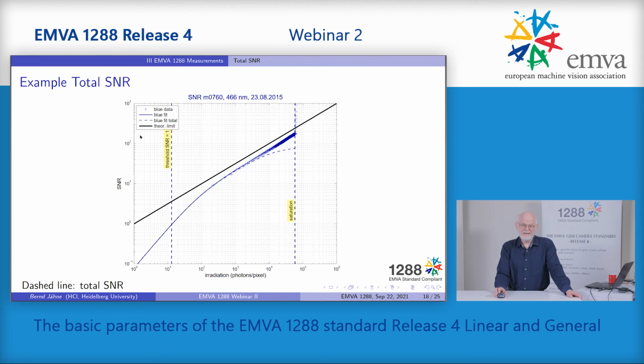Remember, this is a double logarithmic plot, so this is at least a factor of 2, a little bit more than a factor of 2 lower total SNR. That means that the non-uniformities are a little bit larger here than the temporal noise effect. So you can immediately get a feeling in which irradiation range you have which ratio of the influence of non-uniformities and temporal noise.